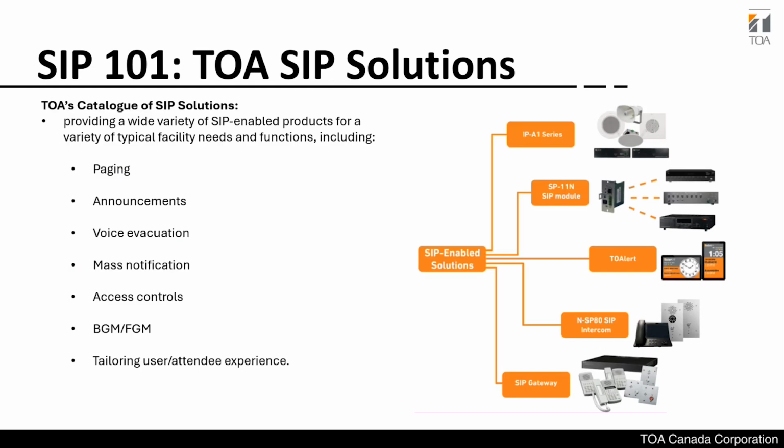Now let's talk about the TOA SIP solutions, what TOA can provide in the SIP category. TOA provides a wide variety of SIP-enabled products that work for paging, announcement, voice evacuation, mass notification, access control, BGM, and tailoring user experience.